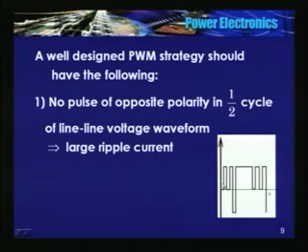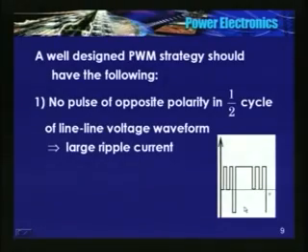See here, it is supposed to be only a positive to 0 and positive transition. This is the first half cycle of the line to line voltage. The same thing should repeat in the negative half. But here you may have a pulse of negative polarity, as you may find in the sinusoidal PWM technique.